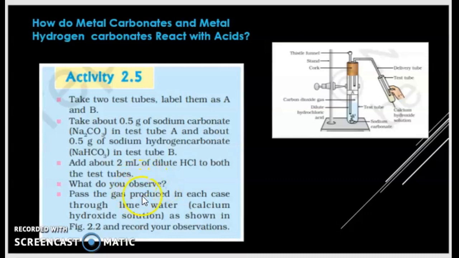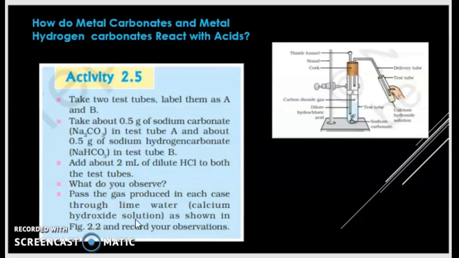You need to record what you observe in your class workbook, and pass the gas produced in each case through lime water. What is lime water? Lime water is calcium hydroxide solution.